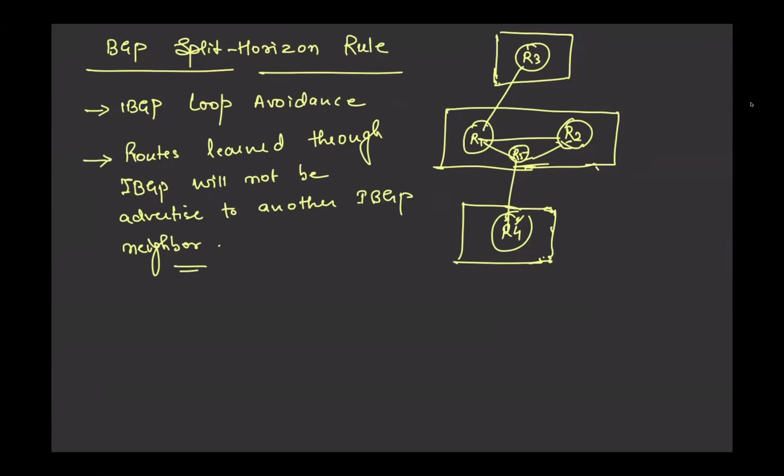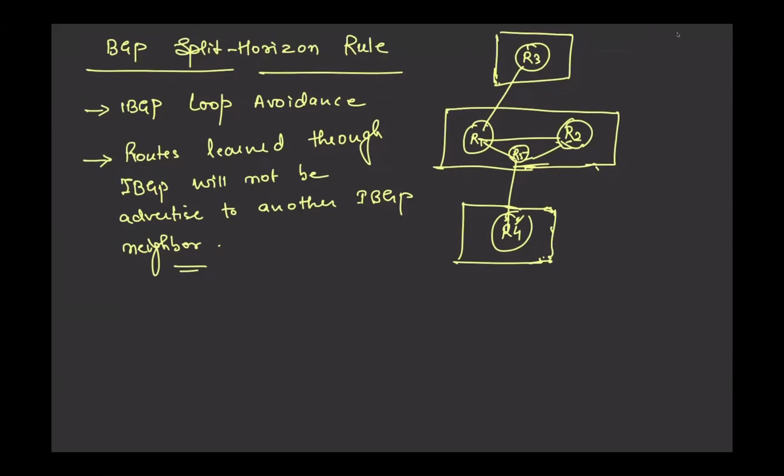Now what does this rule do? Because of this rule, you will have an issue. Not exactly an issue, but it is our loop avoidance rule. I hope you understand how it would create loops. I'm not going to go in depth.